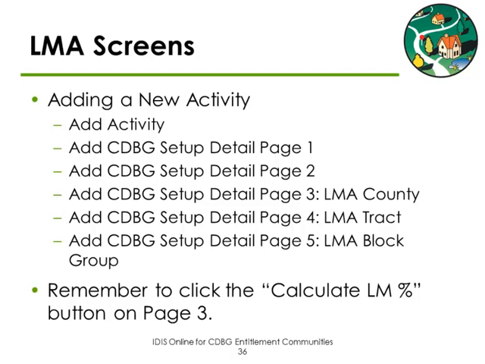On page 4, they'll then be looking for the census tract. And on page 5, the LMA area block group or groups. Keep in mind, you'll need to remember to click the Calculate the LMA percentage button that is on page 3. There really isn't a prompt, so we will highlight that at the time that we work on the case study. Only when all of the required information is provided will the activity show Ready to Fund.